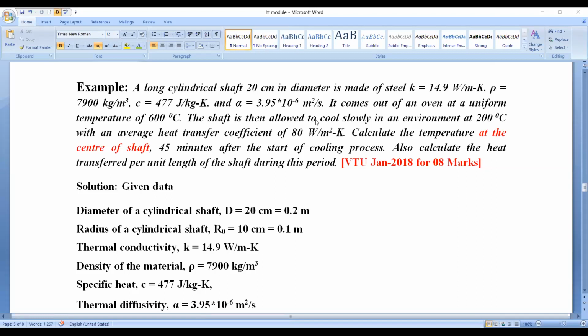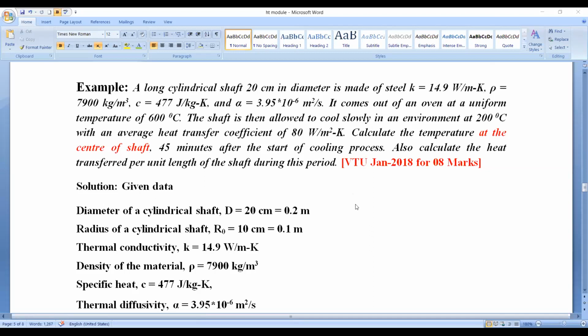The shaft is then allowed to cool slowly in an environment at 200 degrees centigrade with an average heat transfer coefficient of 80 watt per meter square kelvin. Calculate the temperature at the center of the shaft 45 minutes after the start of the cooling process. Also calculate the heat transfer per unit length of the shaft during this period.